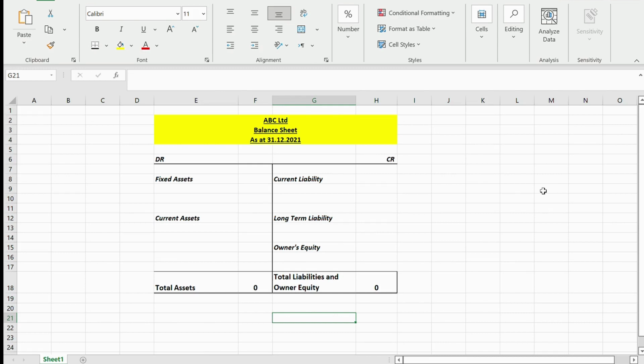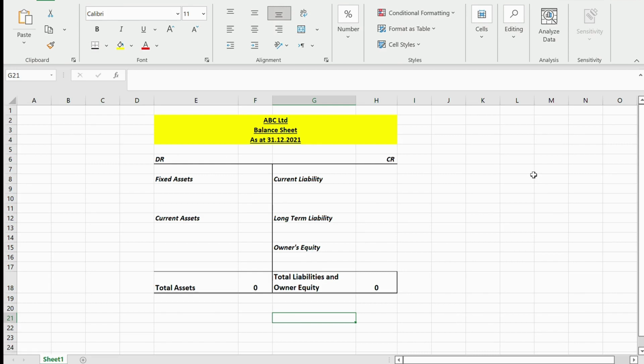In today's video, we are going to talk about the balance sheet. As I mentioned in my previous video on the accounting equation, we learned that assets are equal to liabilities and owner equity, and the balance sheet would reflect that.